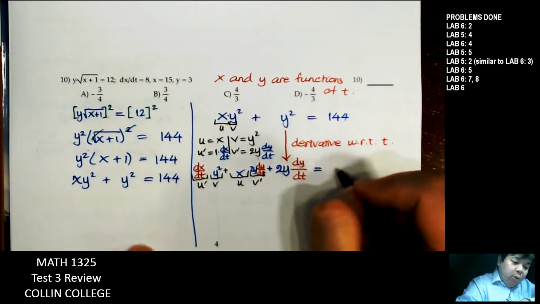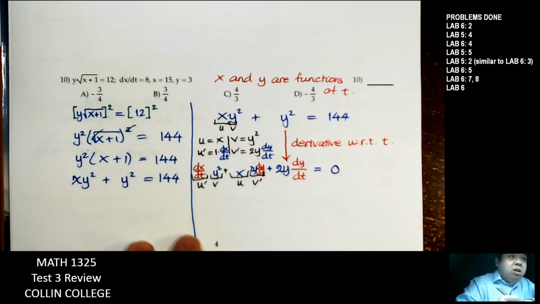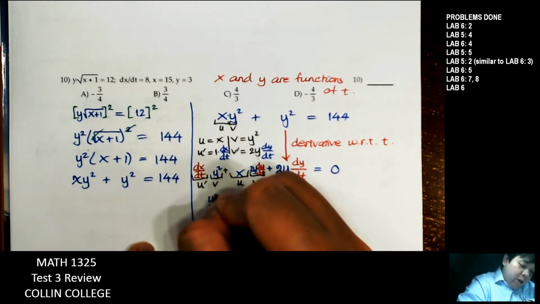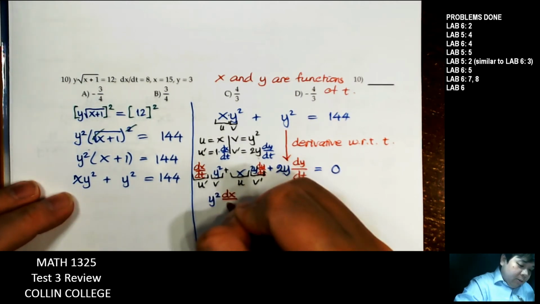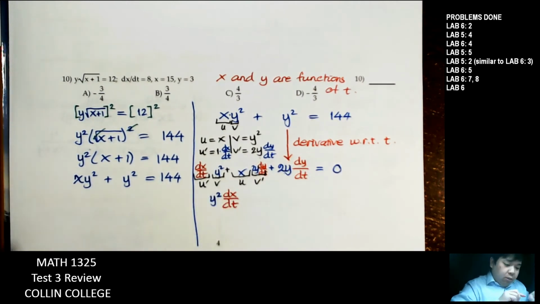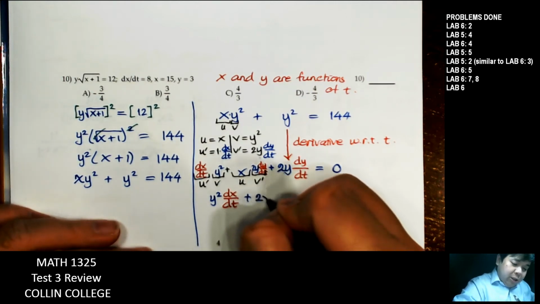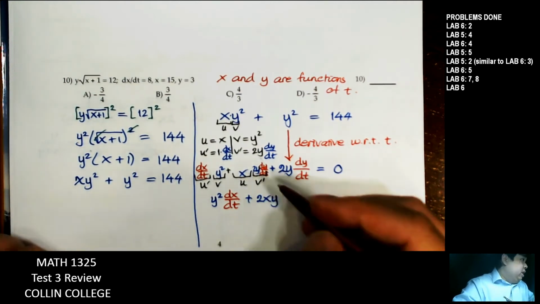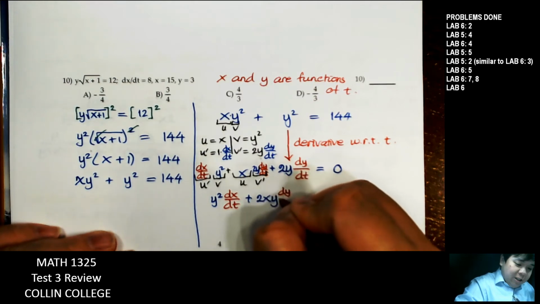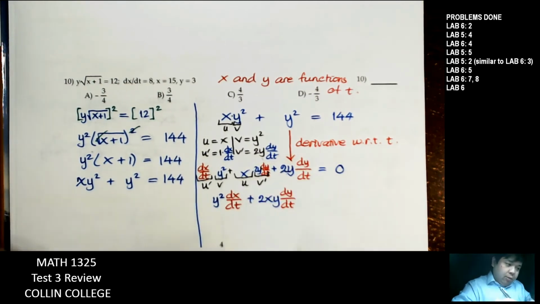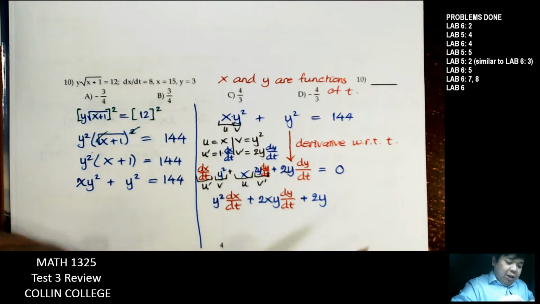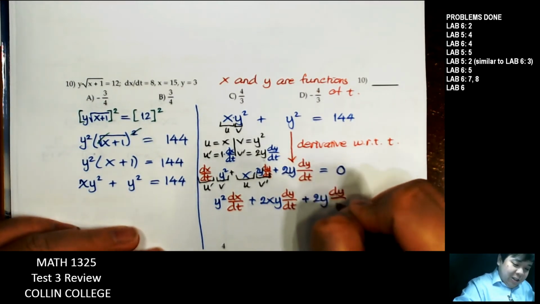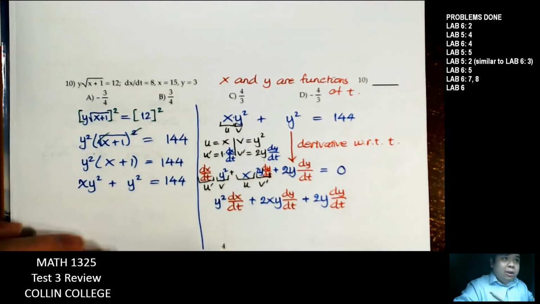Sorry, I have to write kind of small here. So u is x, v is y squared, so here u prime is just dx over dt, and v prime will be 2y dy over dt. On the other side, the derivative of 144 will be 0. So let me simplify this a little bit.